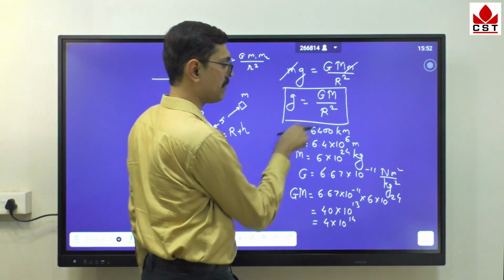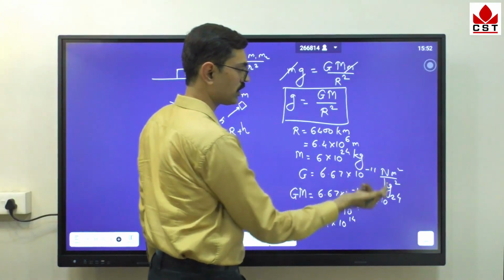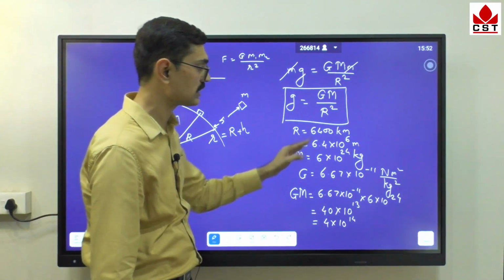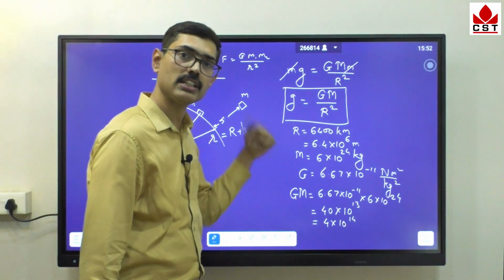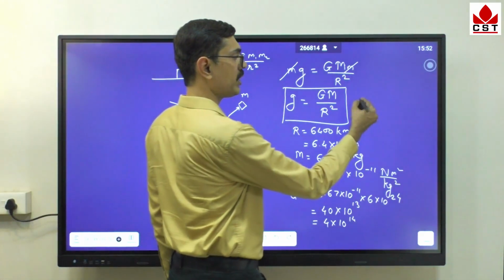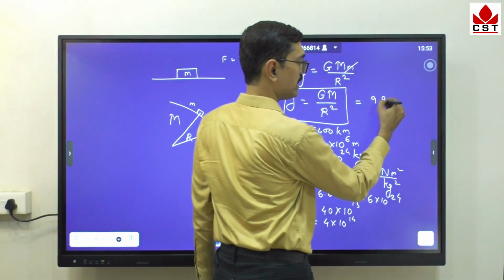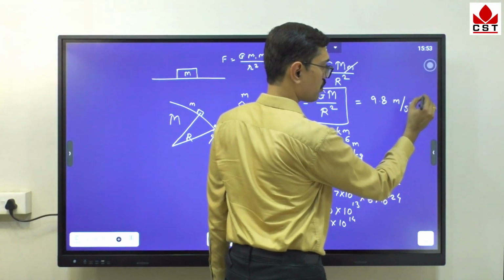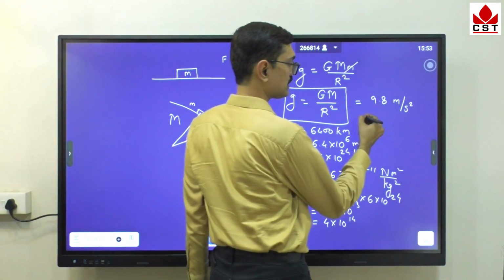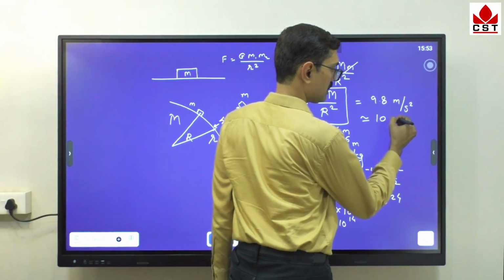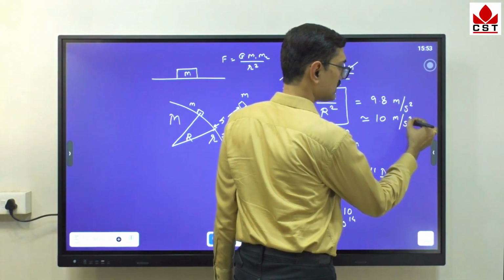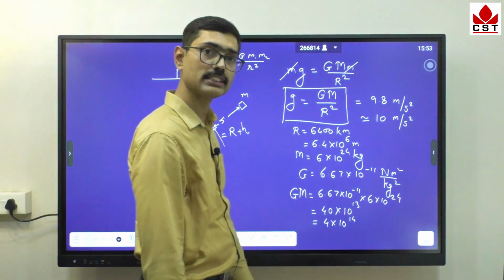And if we know capital R is 6400 kilometer, or 6.4 into 10 raised to 6 meter, then finally we get the 9.8 meter per second square. We can approximate it as 10. But remember, this value is not constant.